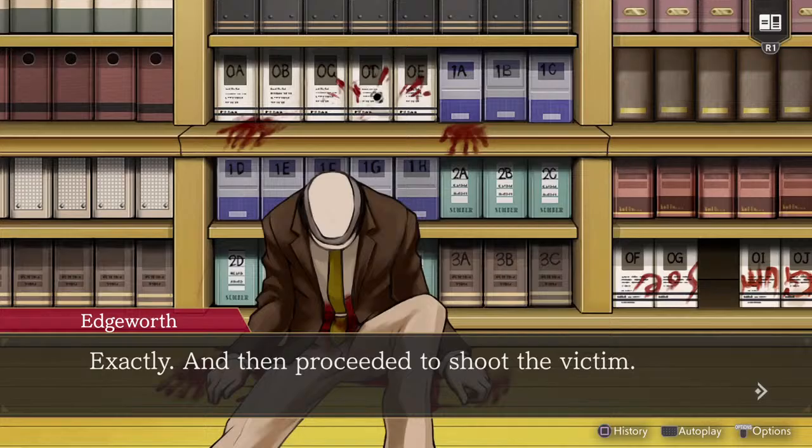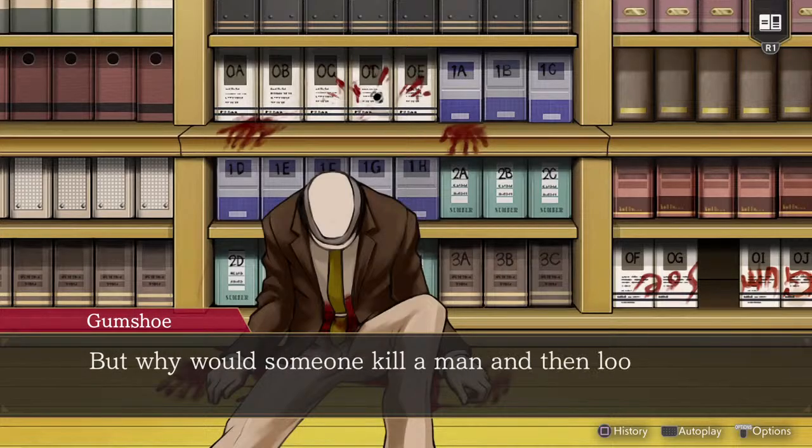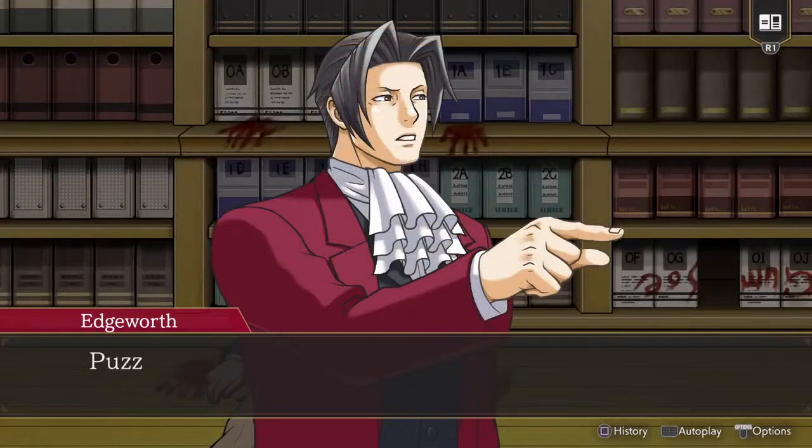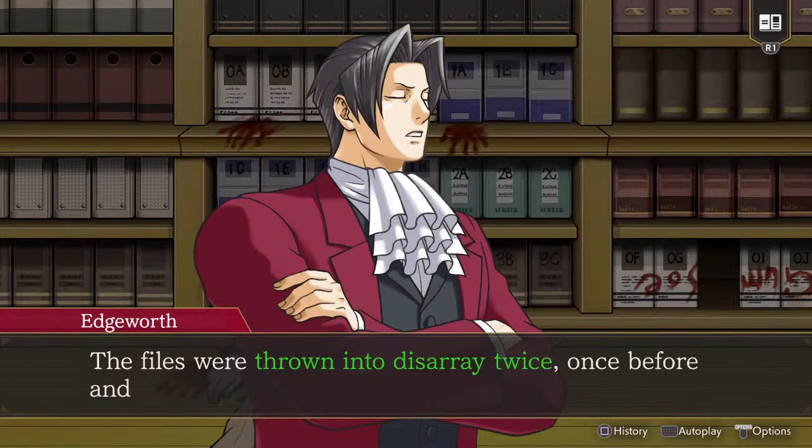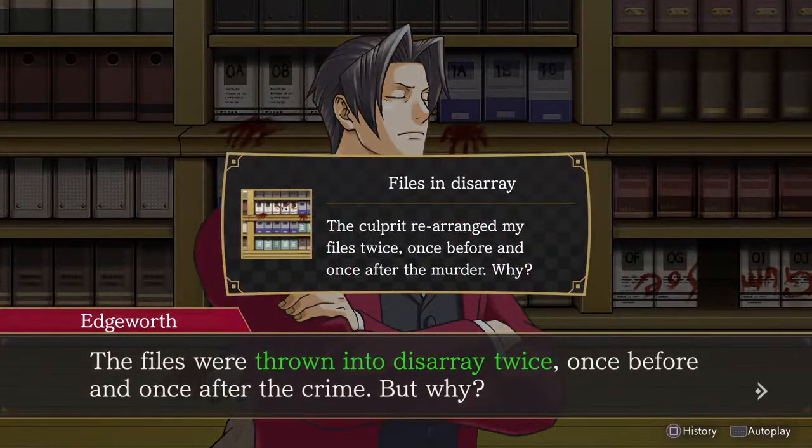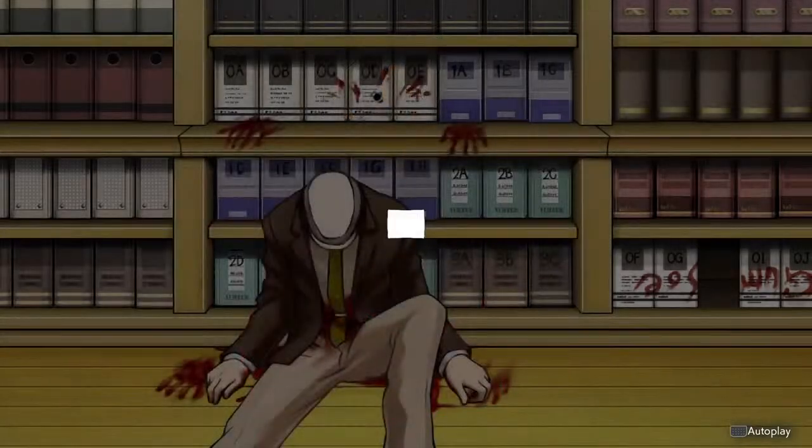Exactly, and then proceeded to shoot the victim. Why would someone kill a man, then look through your files one more time? Puzzling indeed. Files were thrown into a disarray twice, once before and once after the crime. But why?